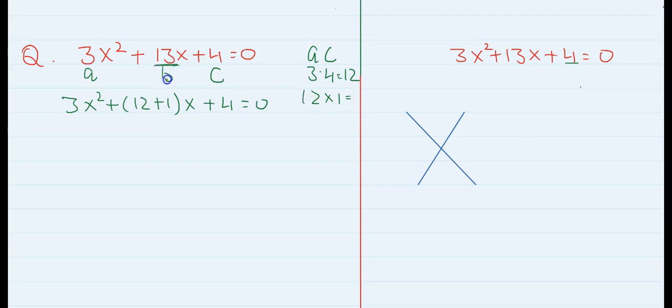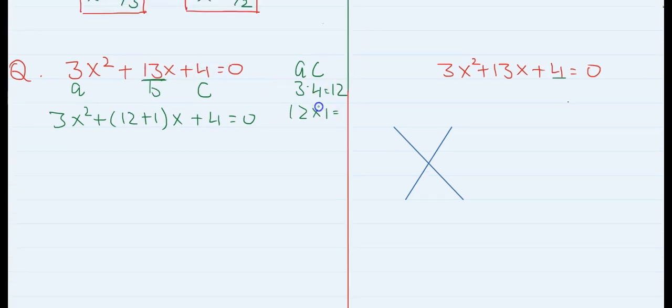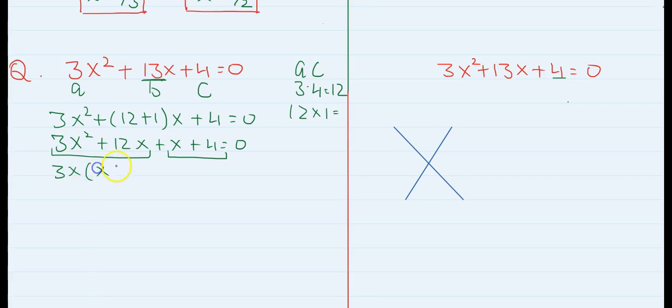The reason is that 12 multiplied by 1 is 12, and 3 multiplied by 4 is 12. So now this equation becomes, let's remove this bracket, 3x squared plus 12x plus x plus 4 is equal to 0. Now we divide it into two groups. We have taken 3 common and x is also common, 3x. So it will be x plus 4. 4 times 3 is 12.